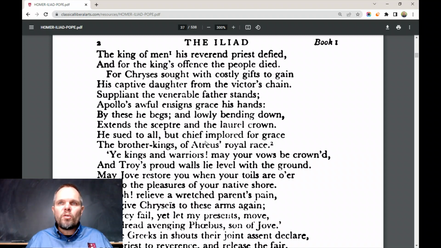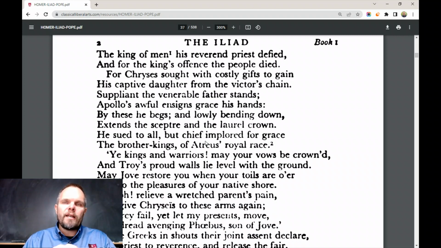And he sued to all. In other words, he begged everyone to have mercy. But chiefly, he implored for grace the brother kings of Atreus' royal race. The brother kings refers to Agamemnon and his brother Menelaos, who was the king of Sparta. And we'll talk about them more as we go through this story.